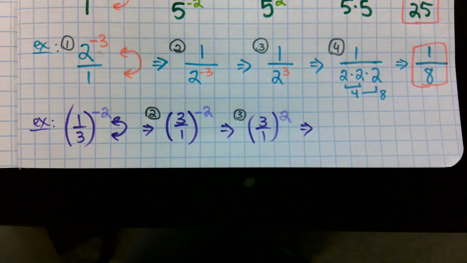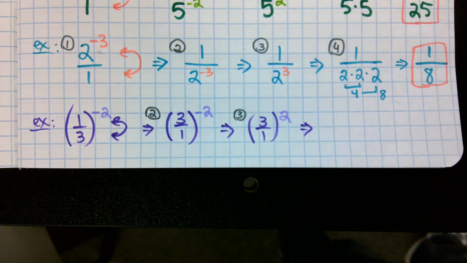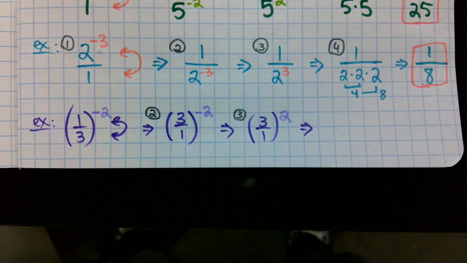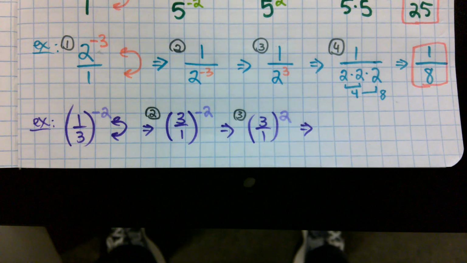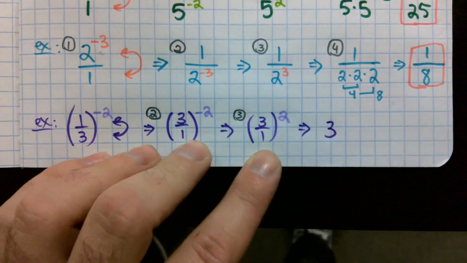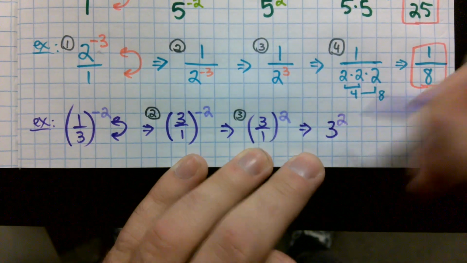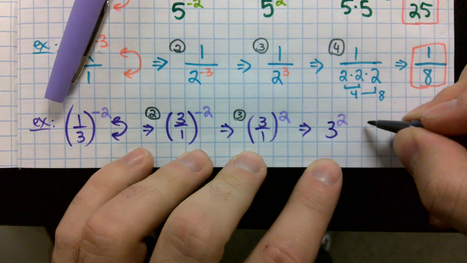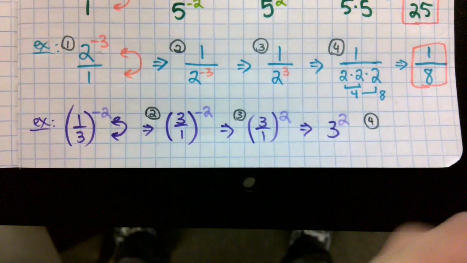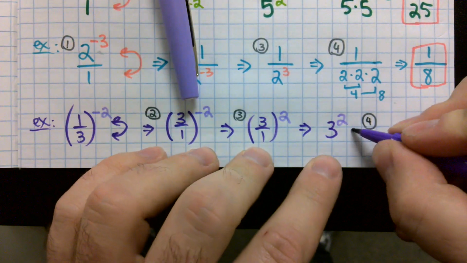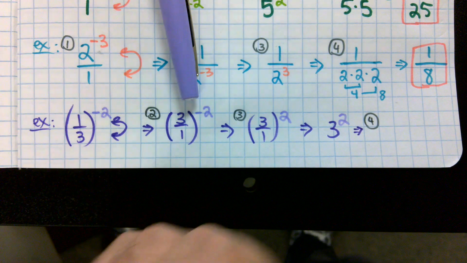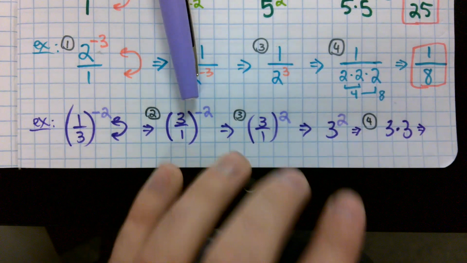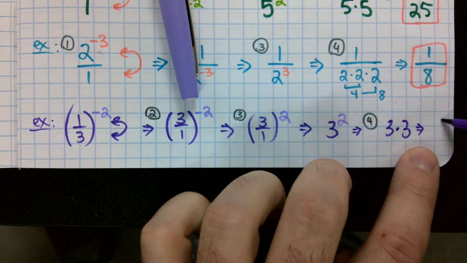Now, how can we write 3 over 1 so that it's a little easier on the eyes? Just 3, right? 3 over 1 is just 3. So now we have 3 to the power of 2. My step 4 is going to be evaluate that exponent. So 3 times 3, which equals 9. That's right.